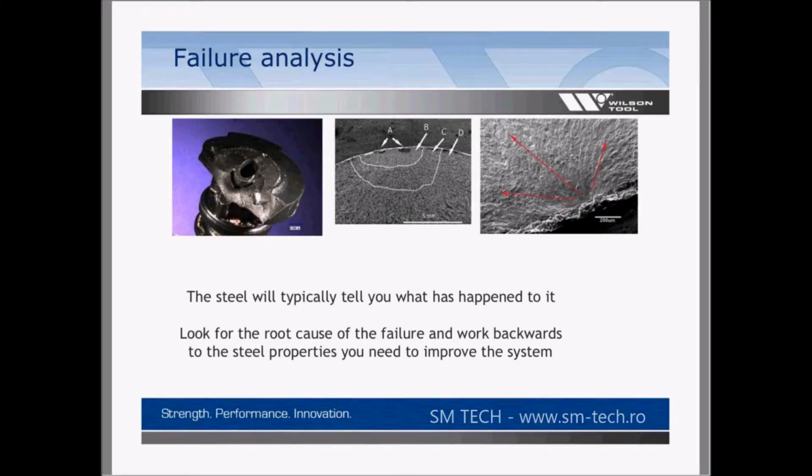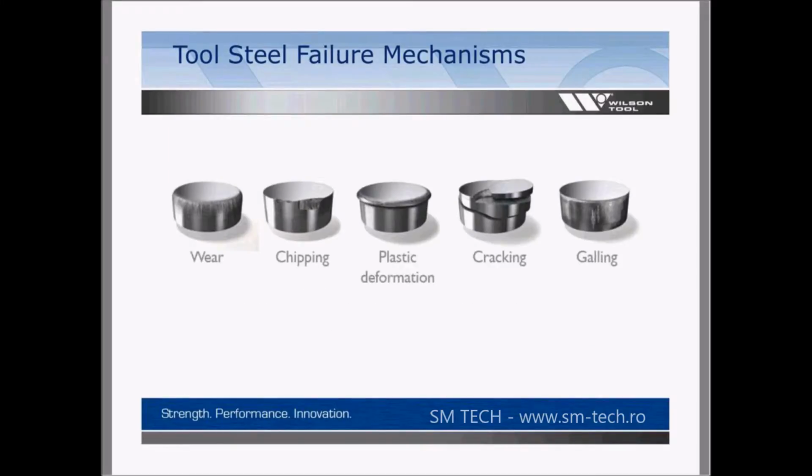So your first step is to evaluate how the part failed, and then work backwards in the steel properties themselves to improve the process. What I mean by improving your tool steel is to look at the failure point. As we go along here, we'll point out some of the failure points and how to use different tool steels in those applications. So we'll start here.